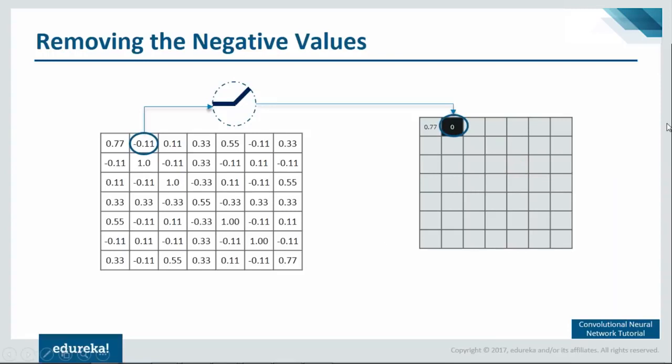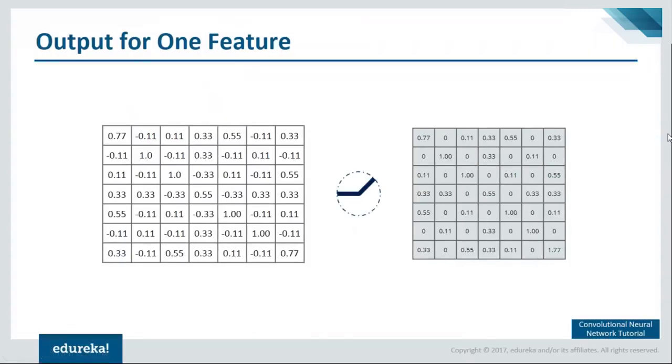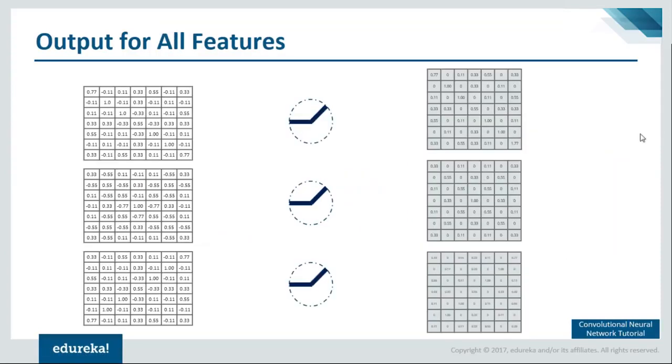Similarly, I'm going to repeat the whole process for the entire matrix, and once I'm done with that, I get this particular value. Now remember, this is only for the output that we got through one feature. When we were doing convolution, we were using 3 features, right? So this is the output only for one filter. After doing it for the output of the other 2 filters as well, we have got these 2 values more. So in total we have these 3 values after passing through the ReLU activation function.